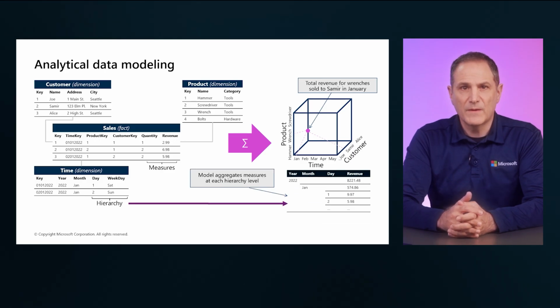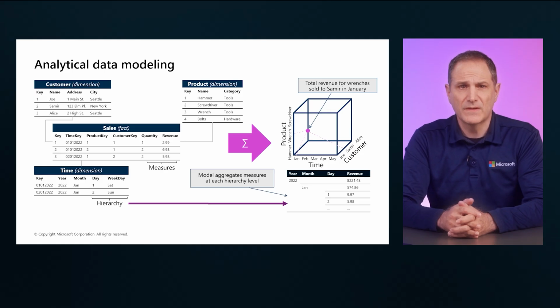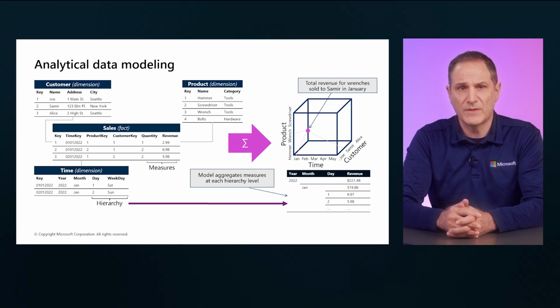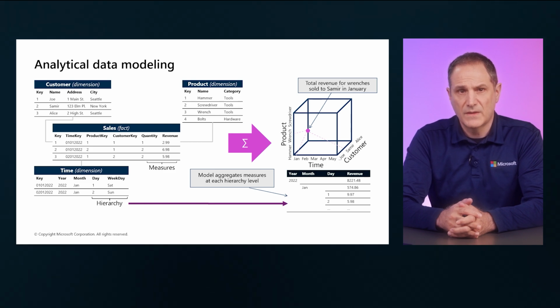A design where a fact table is connected to one or more dimension tables is known as a star schema. If a dimension table is further broken into additional related tables, the design is referred to as a snowflake schema. These schemas are used to create analytical models where measure aggregations across dimensions are pre-calculated, making queries and reports much faster than calculating values on demand.